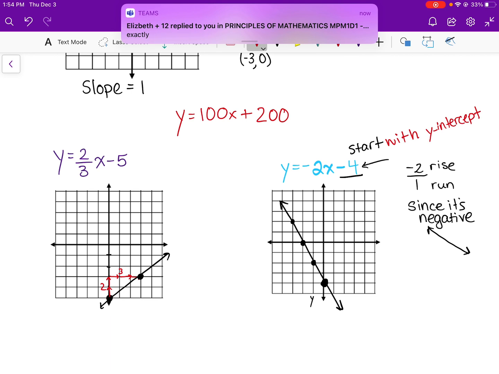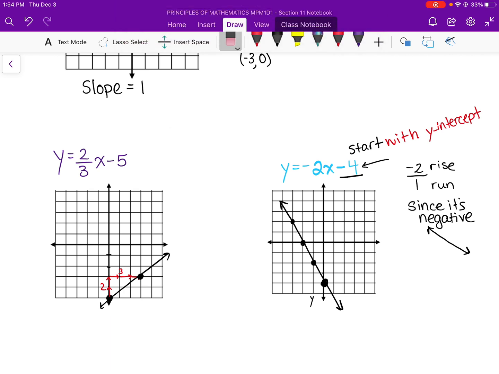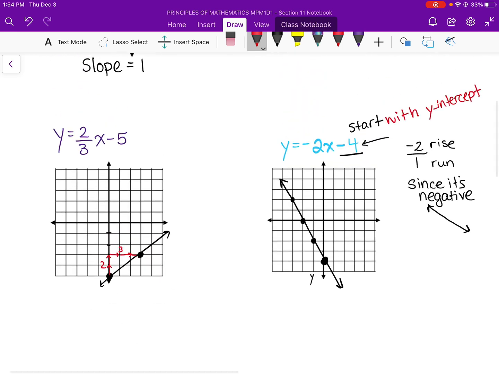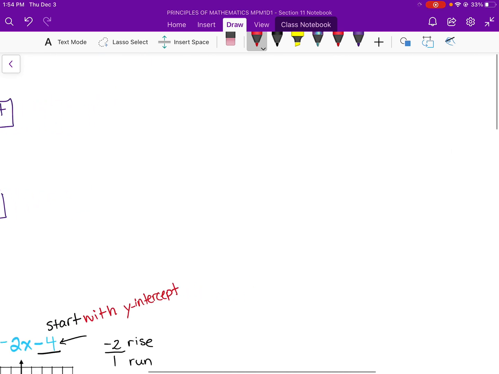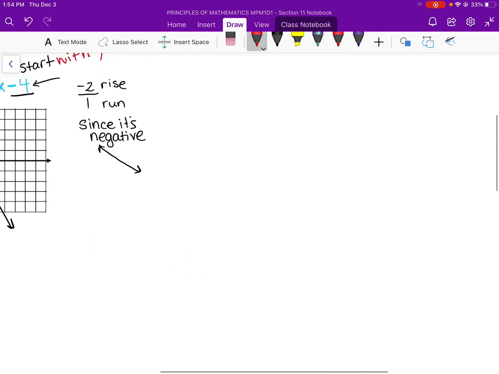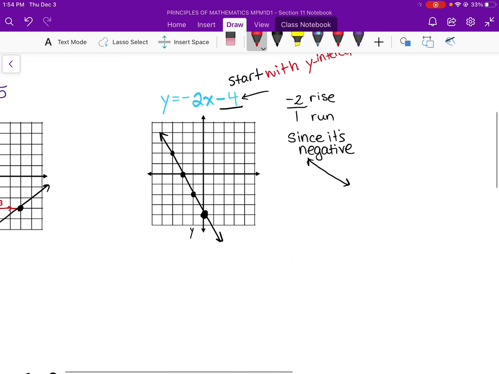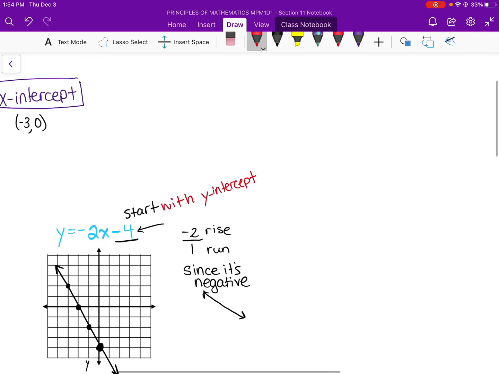Oh, yeah. Good question. I would use technology because that seems horrible to graph by hand. But if you had to graph it by hand and you had a teeny tiny grid like this, that would definitely be unfortunate.